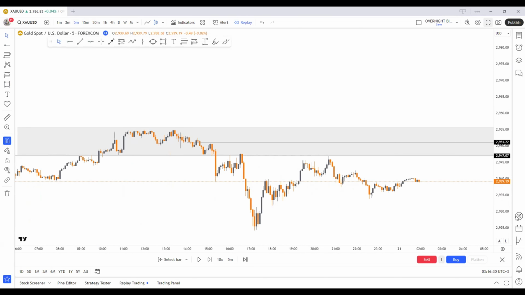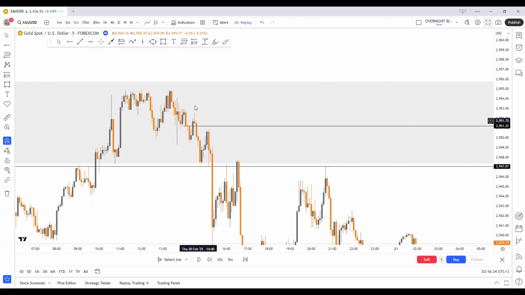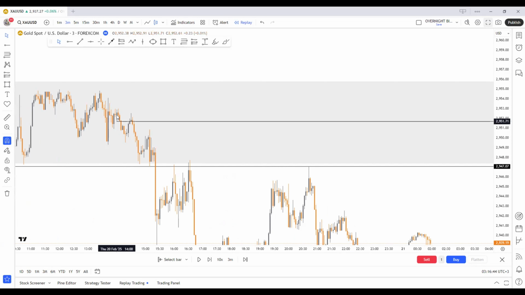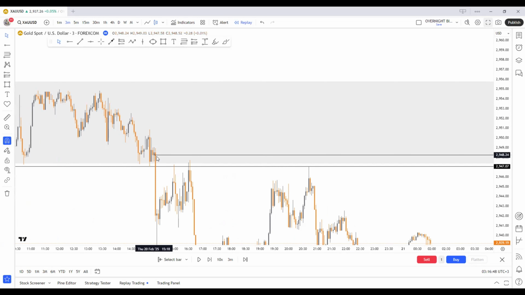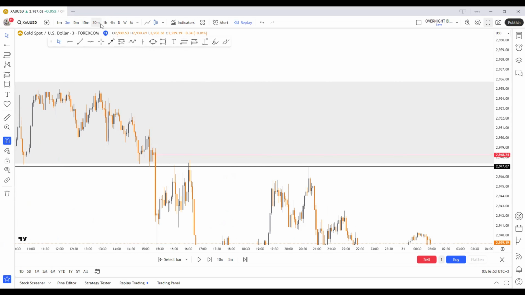So we need to consider the liquidity consumption. At this point, you see price consumed all the liquidities that were supposed to be considered. This was consumed already. So this one is our unconsumed area of liquidity to be considered in the market.